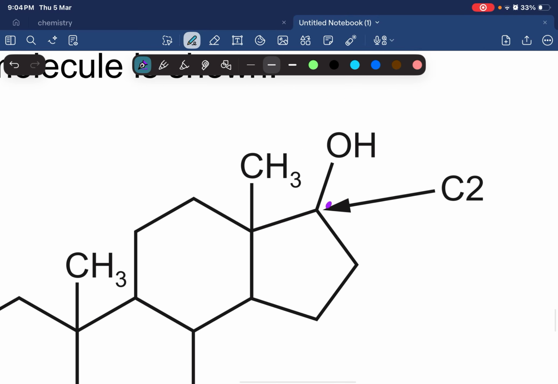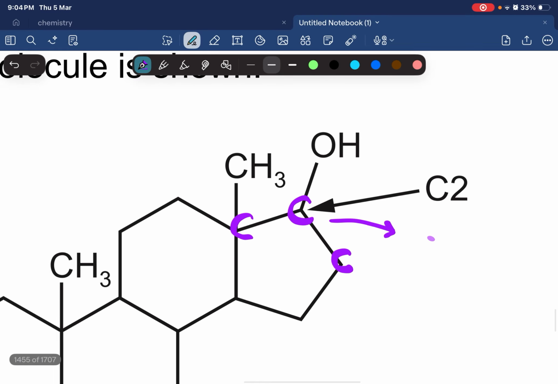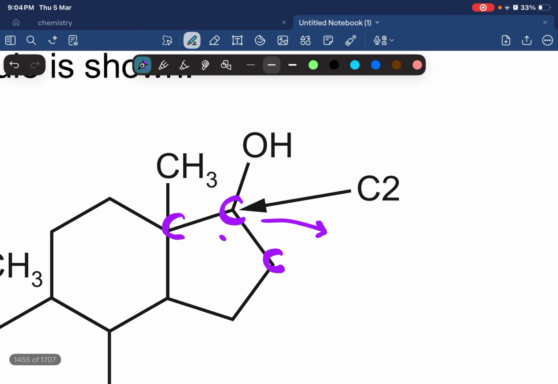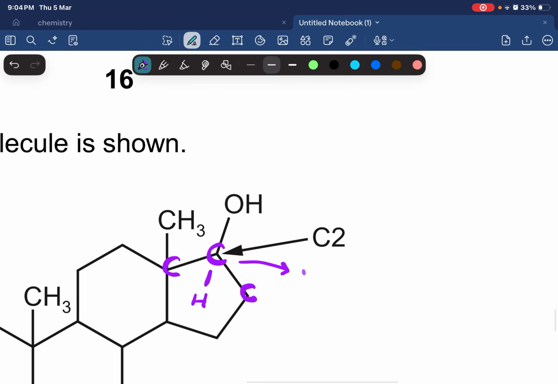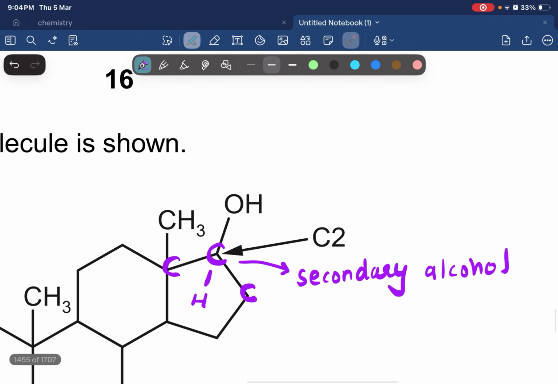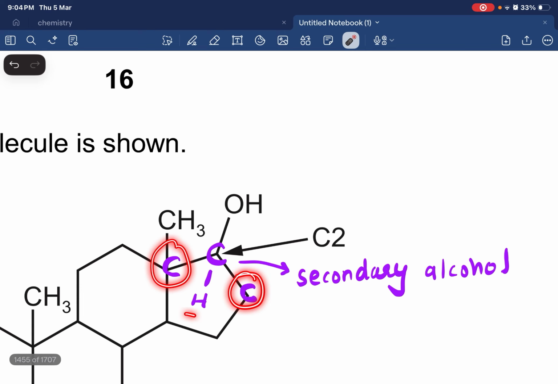Next, we have this carbon atom that's attached to a carbon here, a carbon here, and one hydrogen as well, right? So what kind of alcohol is this? This is a secondary alcohol because it's attached to two R groups and one H. And what do you think?